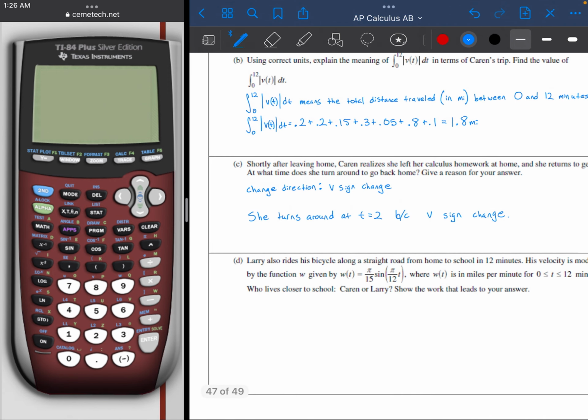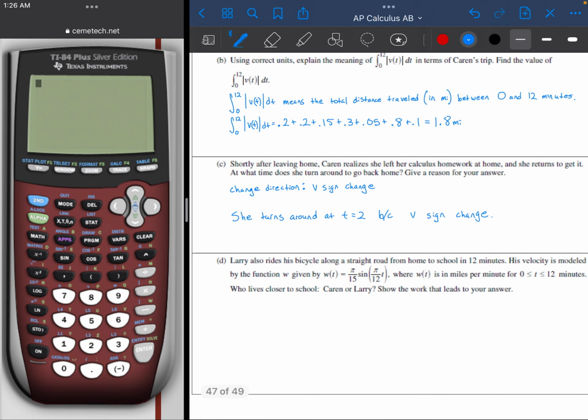All right, part D. All right, now that I've reset the calculator by reloading the ROM, I'm going to go ahead and enter in this function. So I'm going to have y equals, and this is going to be pi divided by 15, times sine. I think you don't really need that times symbol. It should still work.